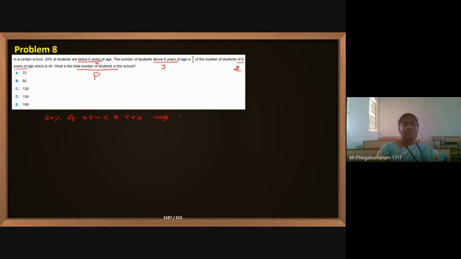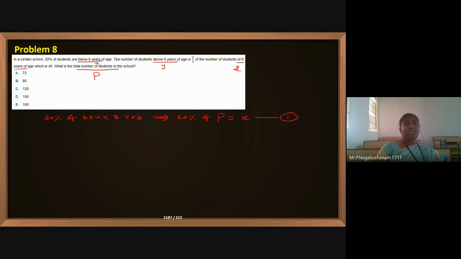Now, 20% of total students is nothing but below 8 years of age. This is equation 1: 20% of total students is X, below 8 years. Now I am going to the second sentence.